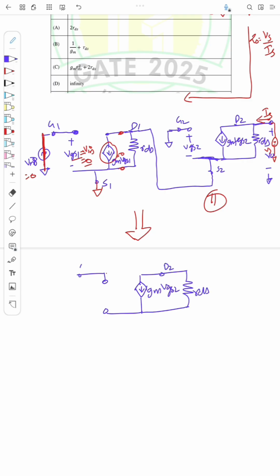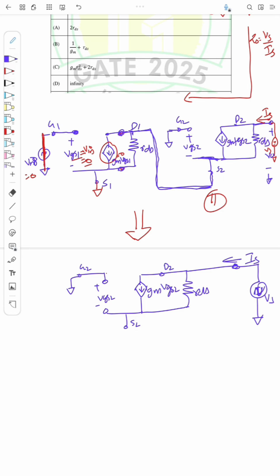So D2, gate 2 is grounded, VGS2, this source S2, and at the drain I have applied one voltage source Vs, and this is Is. And from this source I have connected to RDS, and this is open circuit.